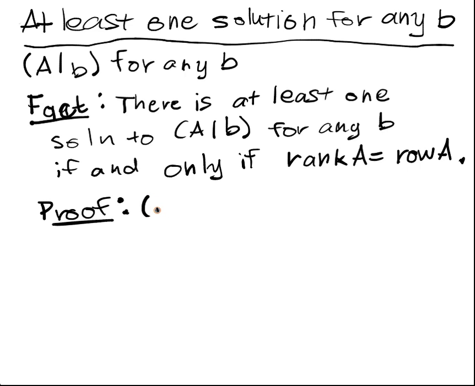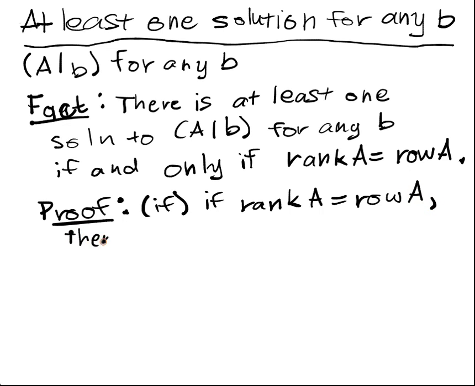Well, let's do the if part first. So if the rank of A is equal to the number of rows of A, and we want to show that there's a solution for any B, then we have the following string of equalities and inequalities. The rank of A is equal to the number of rows, by hypothesis.